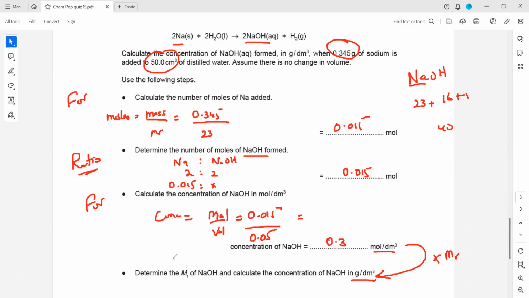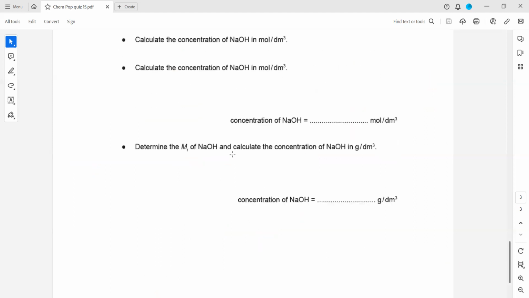So this 0.3, the concentration in moles per dm cube, multiplied by 40 gives us the grams per decimeter cube. That's equal to 12 grams per decimeter cube. So this was the moles question related to pop quiz 15.